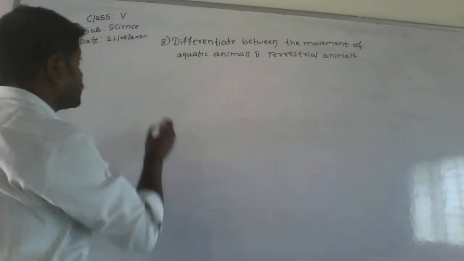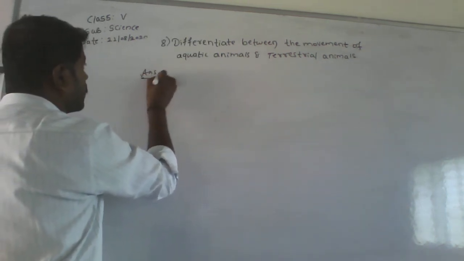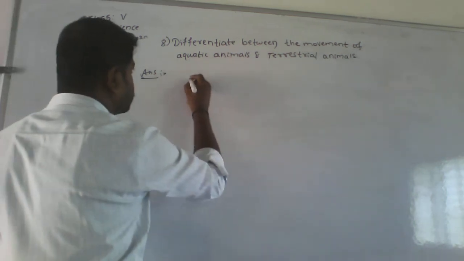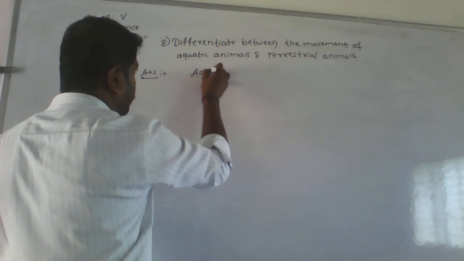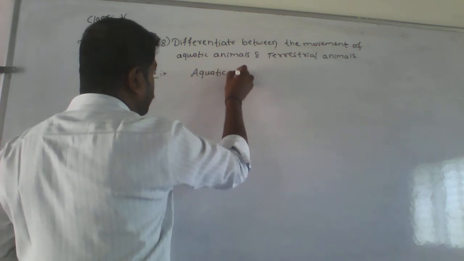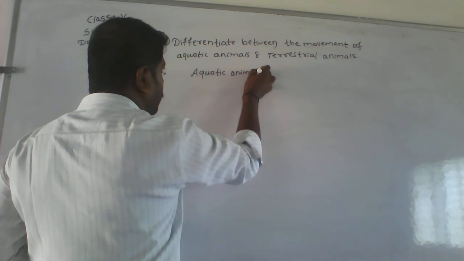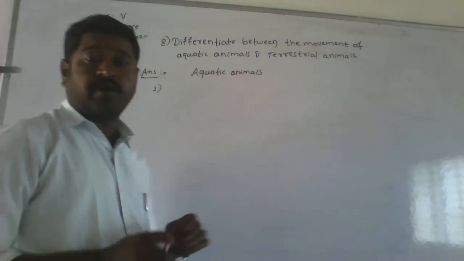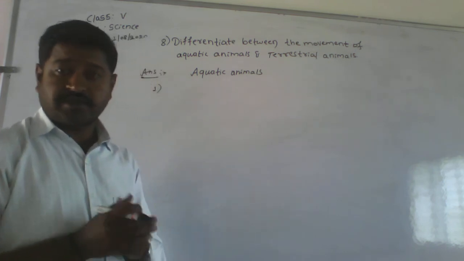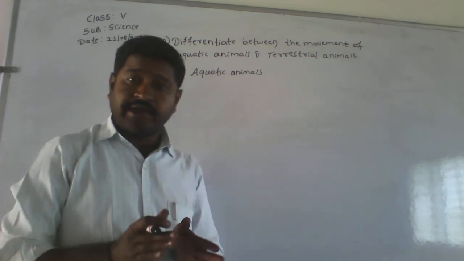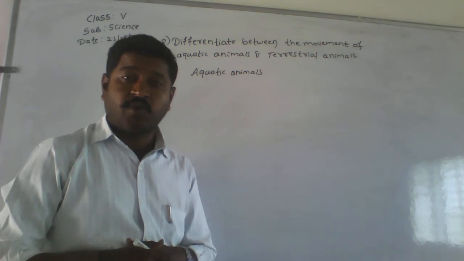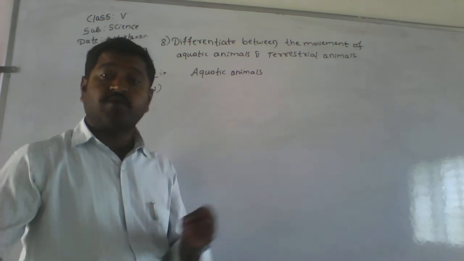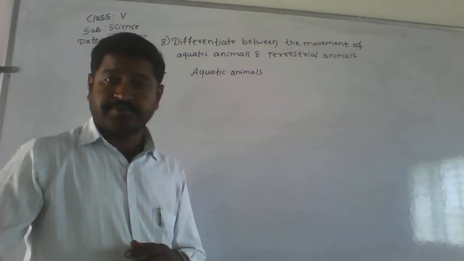Alright. So first we will be taking aquatic animals. Why are these said to be aquatic animals? Because they are living in water. Their habitat is water. That is why these animals which live in water are said to be aquatic.